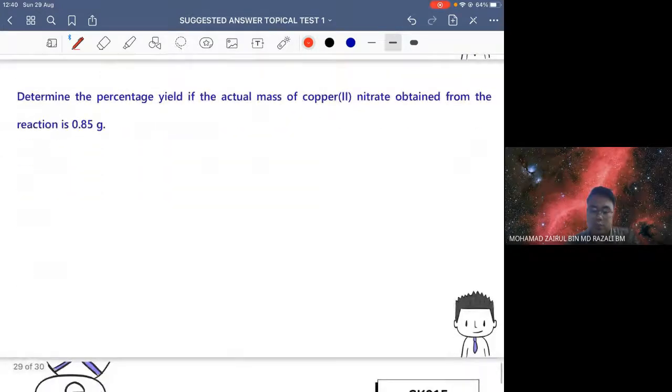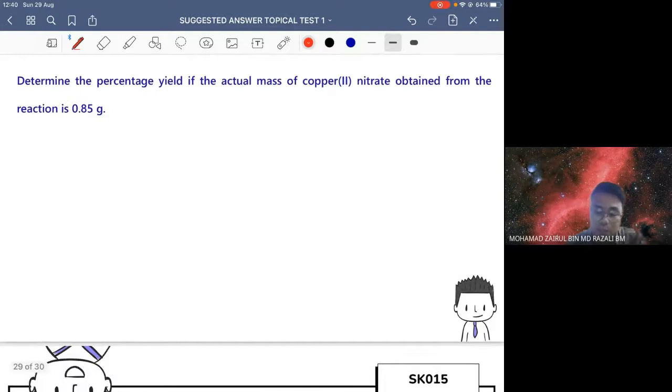Okay, so last question. Okay, last question is to determine percentage yield if the actual mass of copper nitrate obtained from the reaction is 0.85 gram. So percentage yield of copper nitrate bersamaan dengan actual divided by theoretical multiplied by 100.